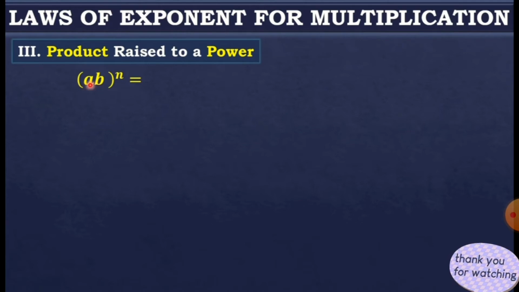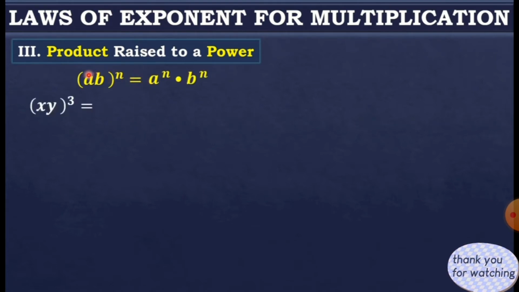Hindi lang si B, hindi lang si A, silang dalawa merong exponent na N. So, when we separate them, it should be A to the N, B to the N. So, like that.